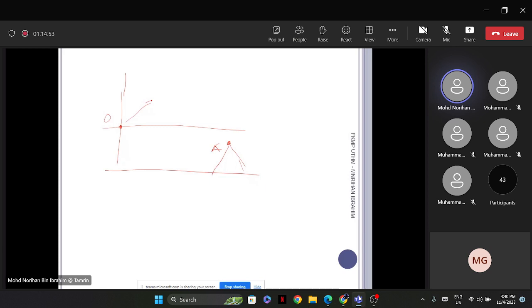So they travel like this. At A, we need to break it into components of X and Y as well. So we have this VA, we have this VAX and also VAY. This is VA, this one is theta A.